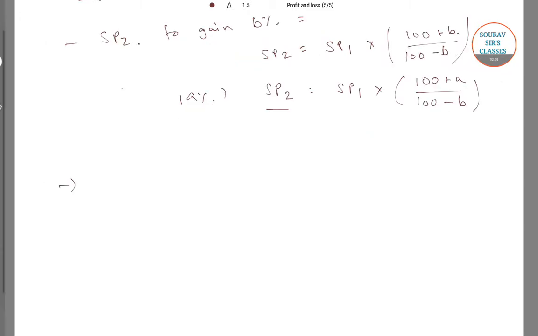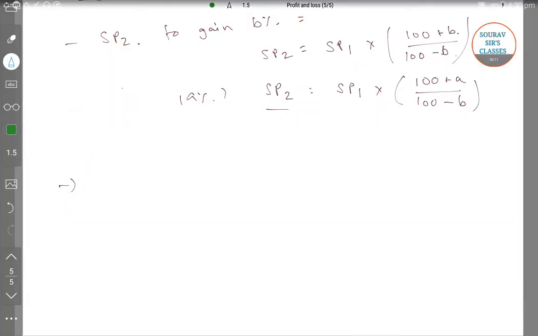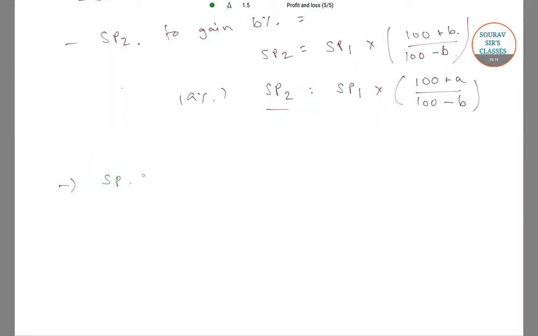Next is, if the selling price of A articles is equal to the cost price of B articles, then gain percent or loss percent is equal to (B minus A) by A into 100%.